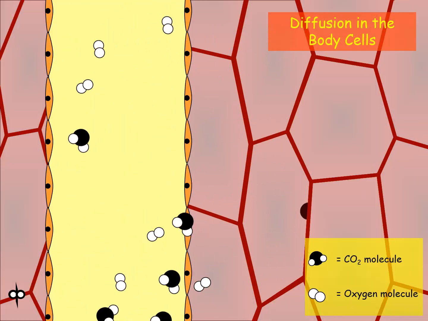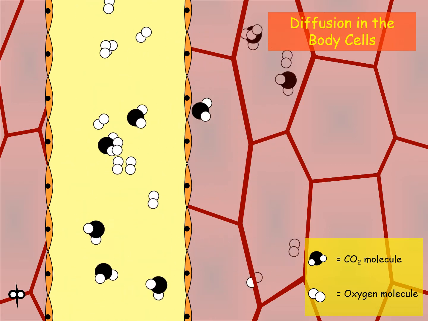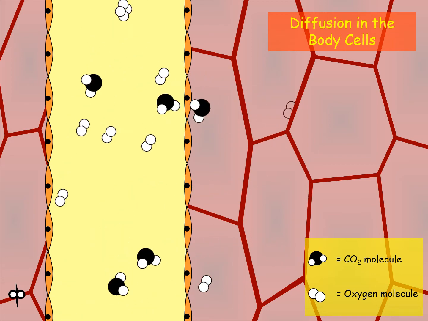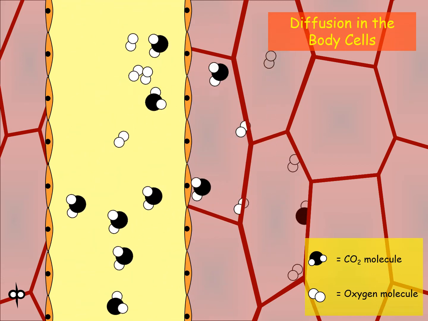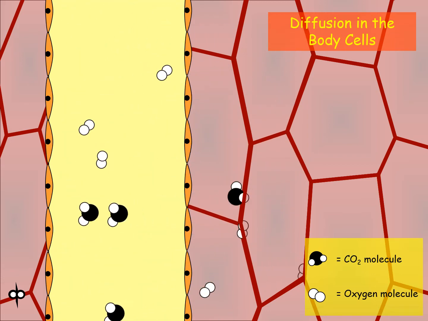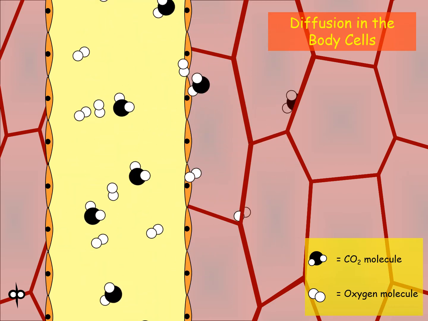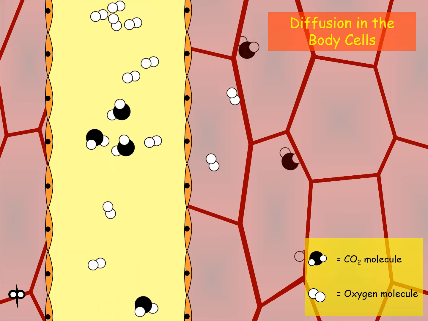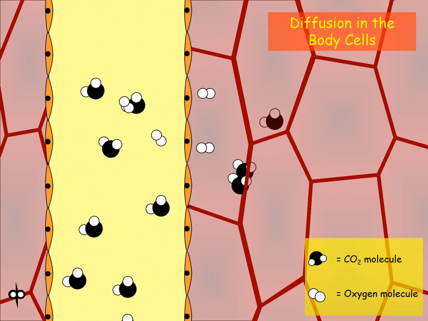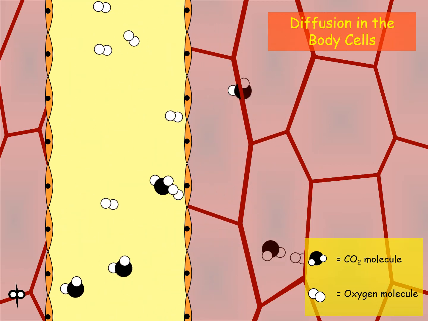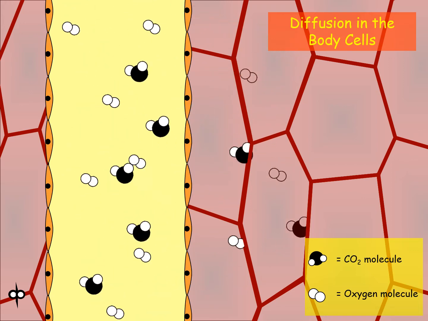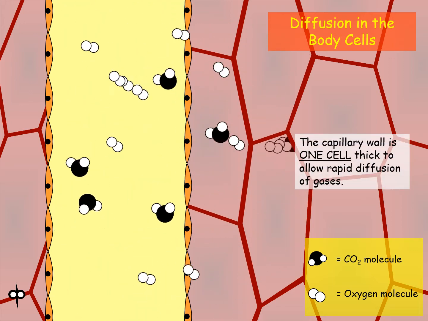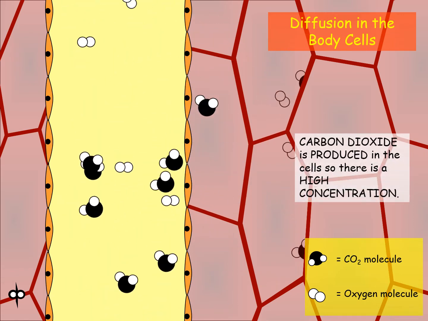So we've arrived at body cells. This might be a muscle cell, it could be an eye cell. So our capillary is running right beside our body cell. Now, our body cell needs oxygen and it needs to get rid of the carbon dioxide that it's produced so it doesn't become toxic. So again, the capillary cell is one cell thick to allow for rapid diffusion.